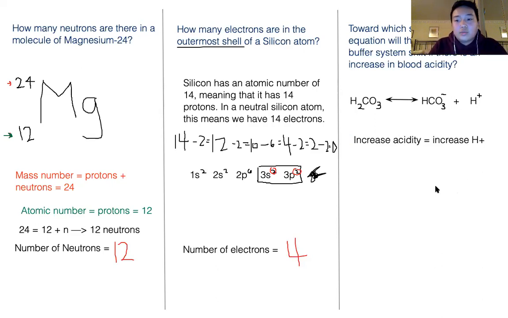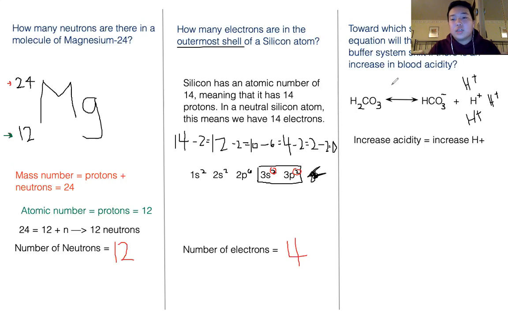If you increase H+, remember that Coke bottle model. If I have a lot of pressure on my left side, right? So you can think of a lot of H pluses being right here on this side of the equation. And let's say there's like a given amount of space, kind of like the Coke bottle, right? If we have a lot of H pluses inside the Coke bottle, you keep adding H pluses, where does the system want to go?